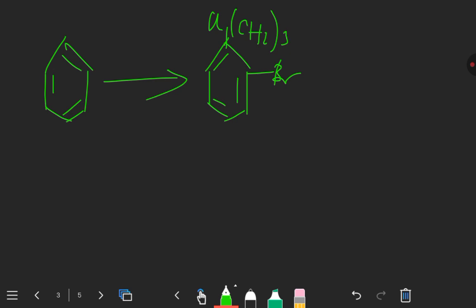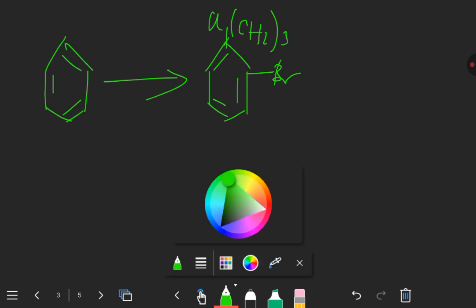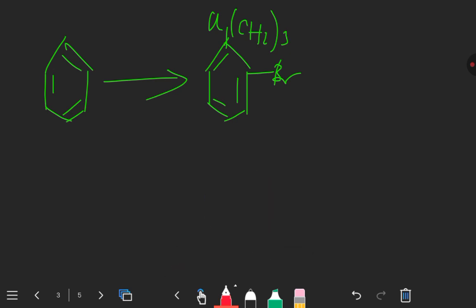So how was this reaction performed, or how are we going to perform rather this reaction? So we need to outline now the reaction scheme so that we can arrive at this product. So let's see how we can perform this reaction. Alright, so the first step will be addition of this group there which is on top.